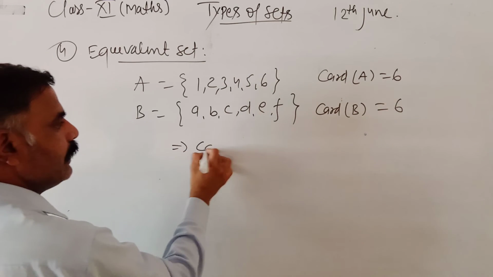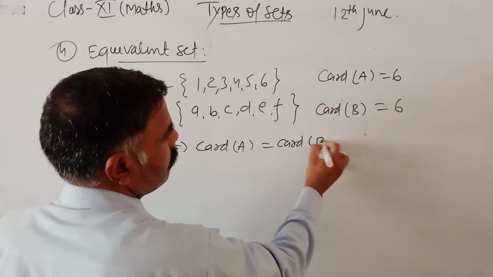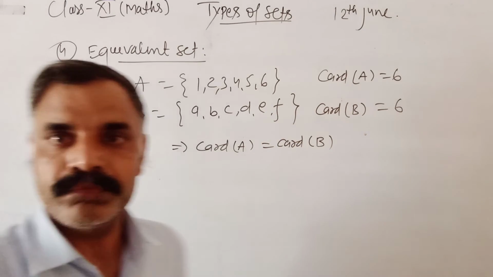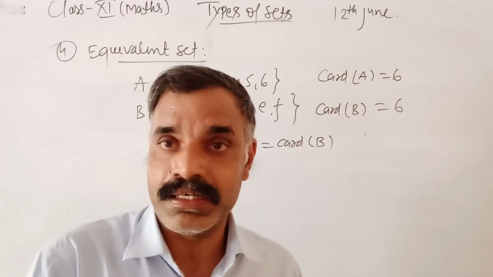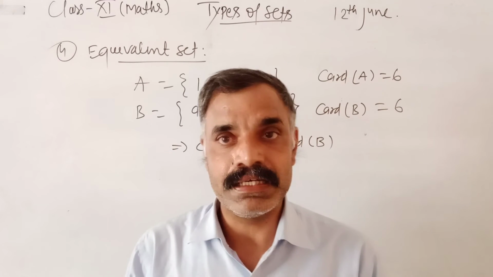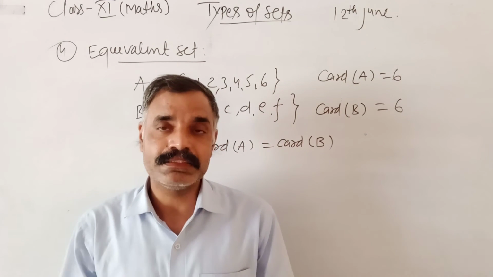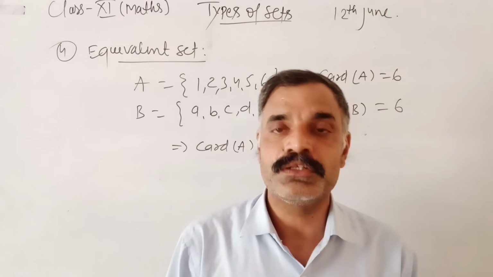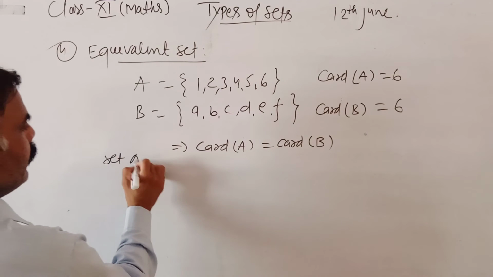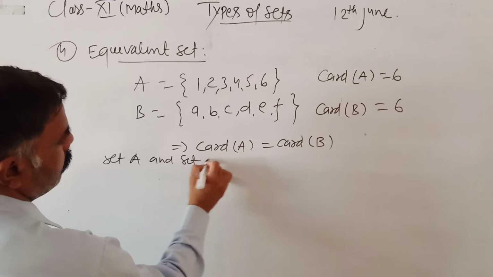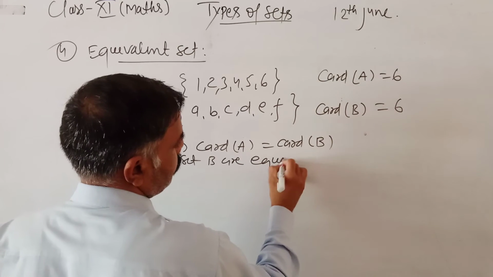So the cardinal number of set A equals the cardinal number of set B, meaning both sets have the same cardinal number. That is why set A and set B are said to be equivalent sets.